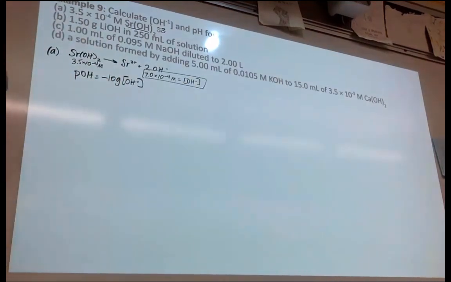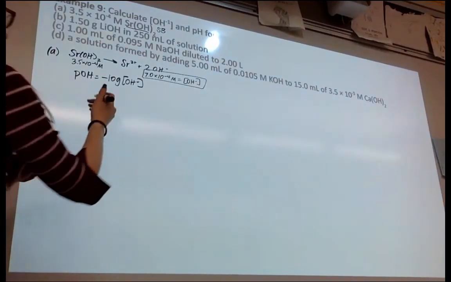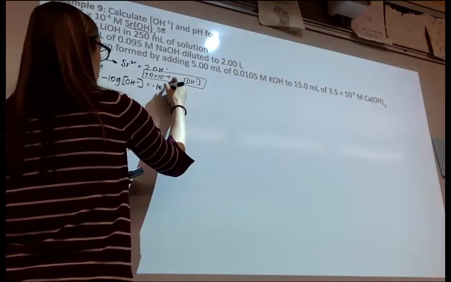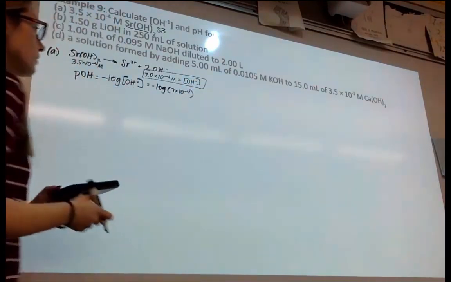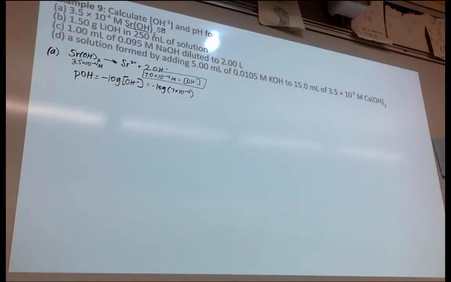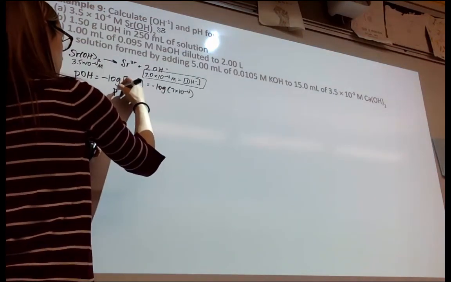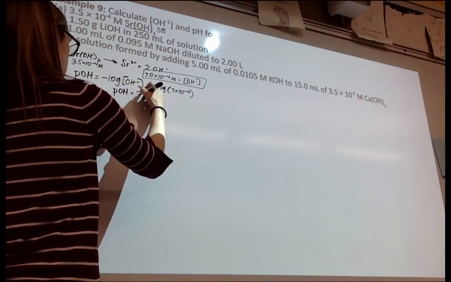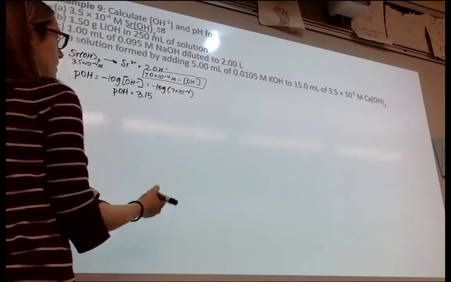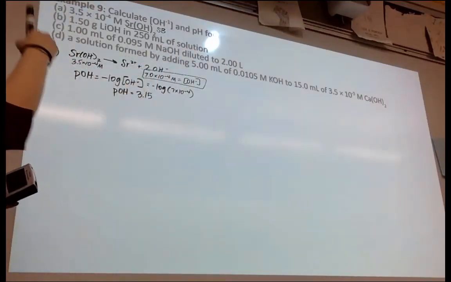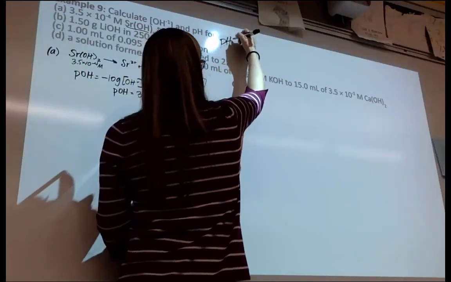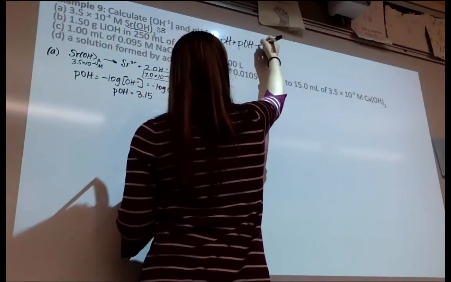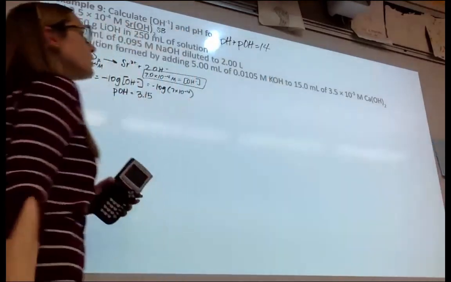So if I take the negative log of 7 times 10 to the negative 4th, the pOH is 3.15. The question asks for pH. Well, remember that pH plus pOH is 14. That's on your equation sheet.